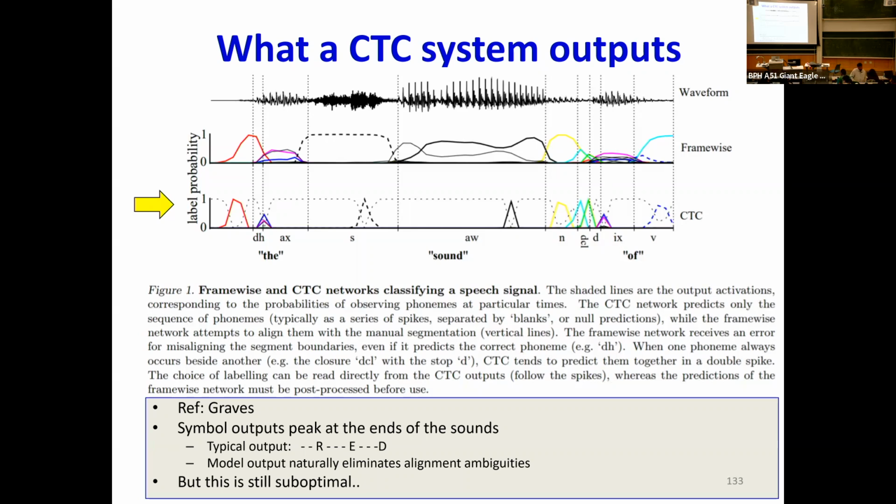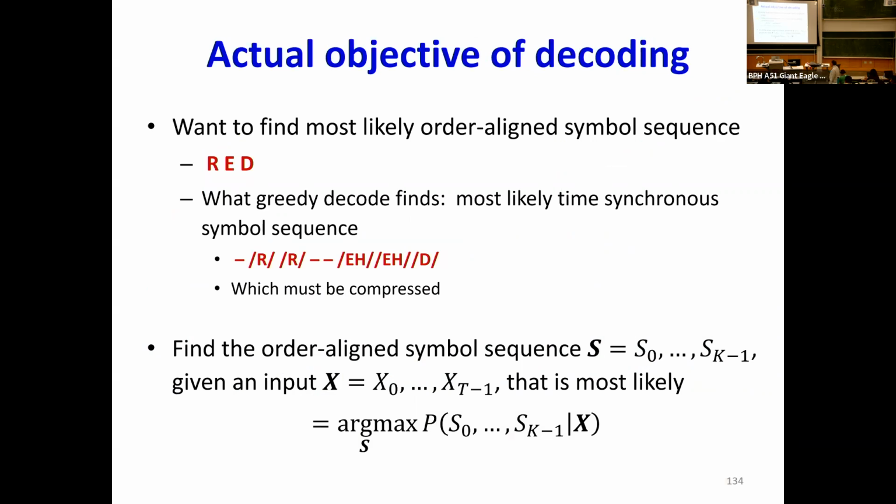But doing the right thing, picking the symbol sequence which has the greatest probability across all alignments, gives you better results. But then, what exactly are we doing over here?